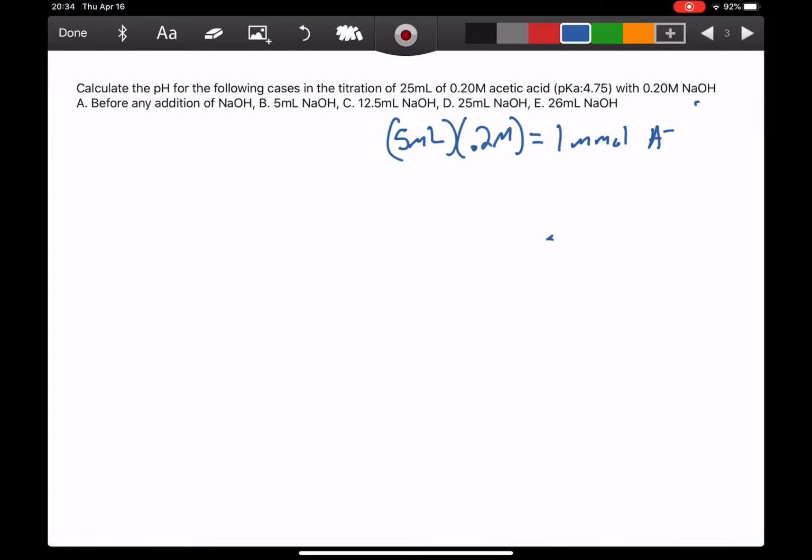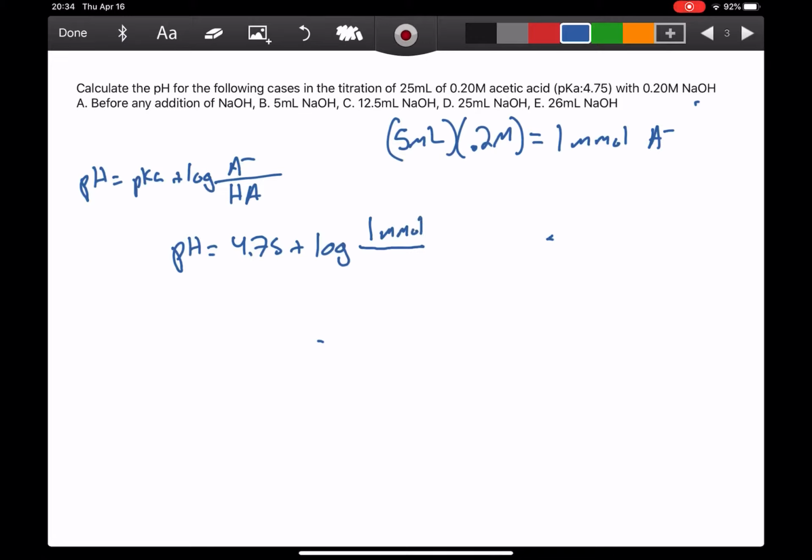So now that we have that, we can use this equation. pH is equal to the pKa plus the log of the concentration of the conjugate base over the acid. So what that's going to look like for us is pH is equal to 4.75 plus the log of 1 millimole, and that's going to be acetate. And now the bottom is going to be, we need to find out how many millimoles we had of that.